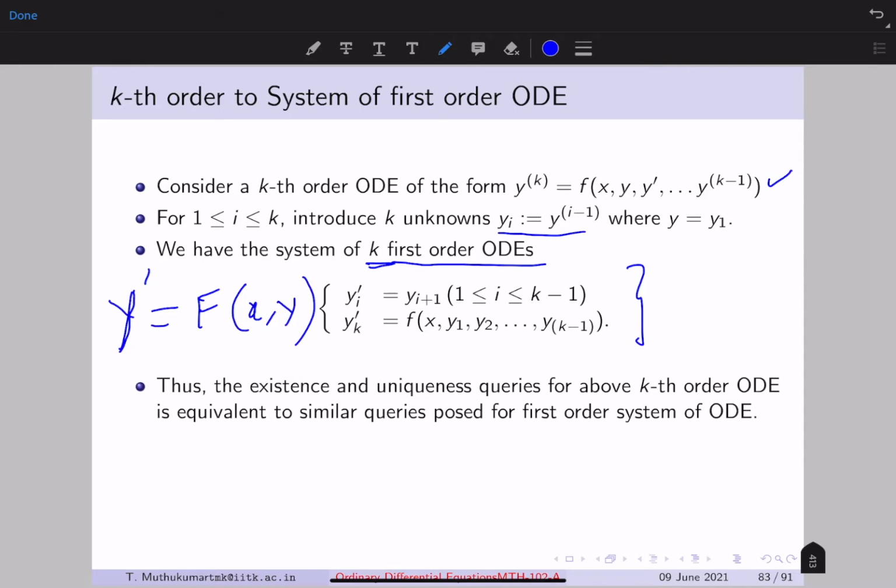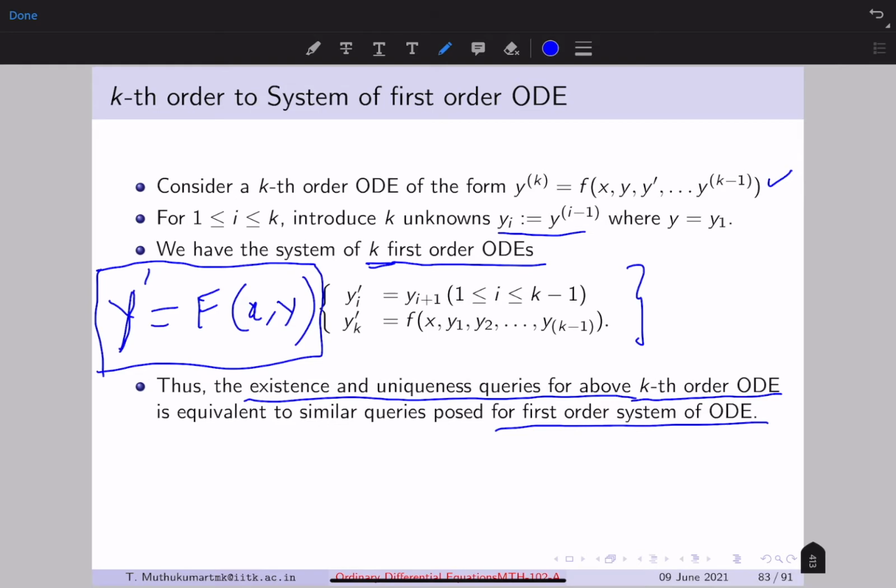The advantage of this is that the existence and uniqueness results that we have studied for first order ODE can be extended to the first order system of ODEs. So for the kth order ODE, all questions related to existence and uniqueness can be reduced to a similar question for a first order system of ODE.